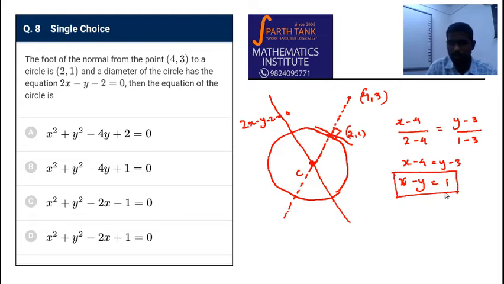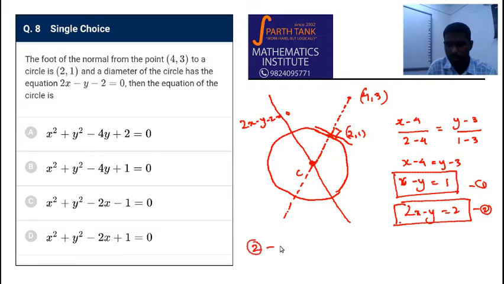The other equation is this 2x minus y is equal to 2. Alright. Now solve for these two equations. Subtract them both. This is 1, let us say this is 2. Now 2 minus 1, if I do, I get x is equal to 1. Right. And substitute it back here and y is equal to 0. So x is 1, y is 0. So I got the center now.